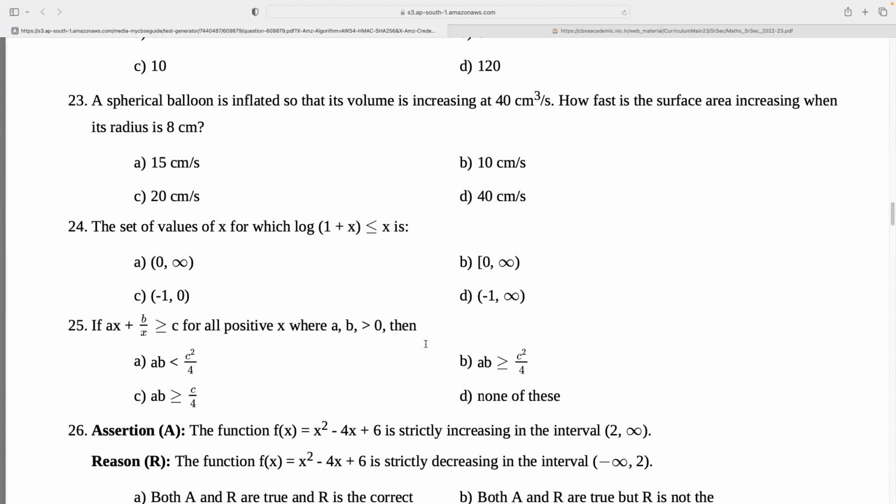Do the 23rd one. A spherical balloon is inflated so that its volume is increasing at 40 centimeter cube per second.